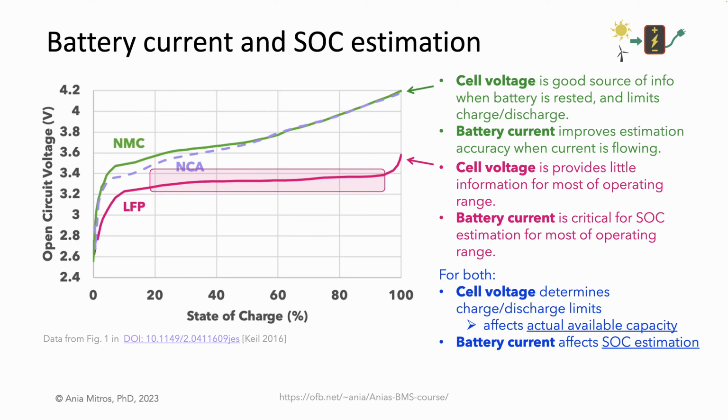The battery current measurement affects our SOC estimation. It affects what the system displays to the user or system controller, which may differ from the actual available capacity. Lastly, observe how the importance of battery current measurement accuracy is greater with LFP cells than with NMC or similar cells due to the steepness of the OCV-SOC slope.